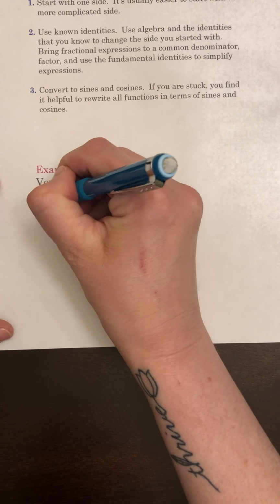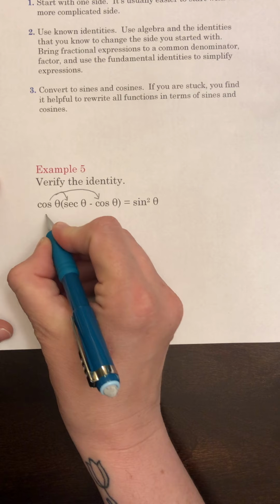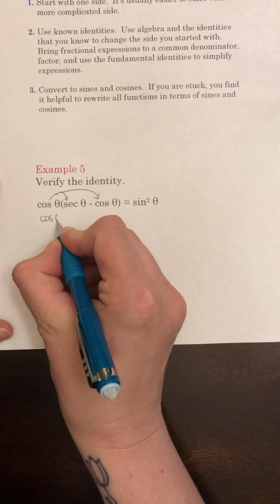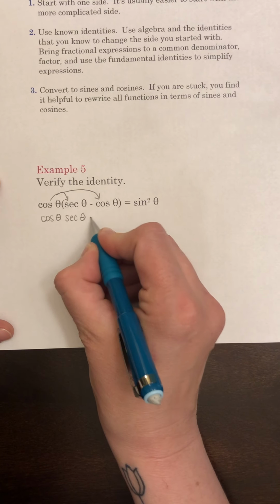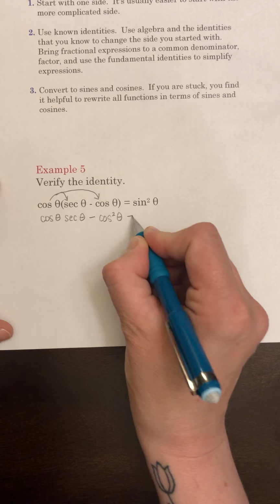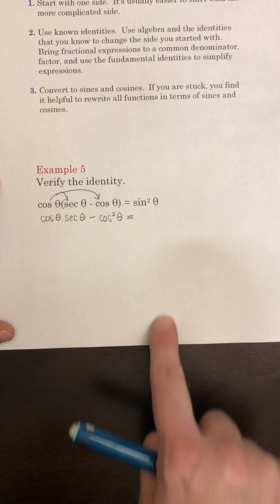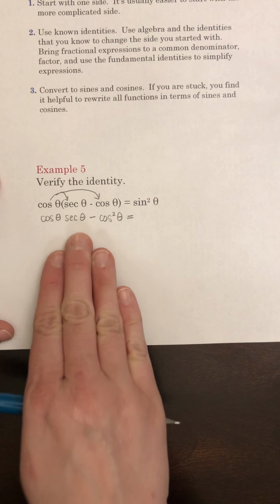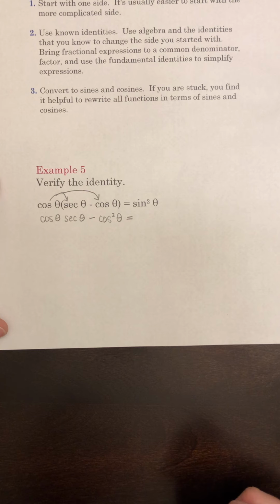And I'm just going to start by distributing. I think to me that seems like a route to go. So I have cosine theta times secant theta minus cosine squared theta. Okay, and then I put equals, and I'm going to leave this blank over here because I already know what that is, but my goal is to make the left side look like the right side. All right, so I have cosine theta times secant theta.